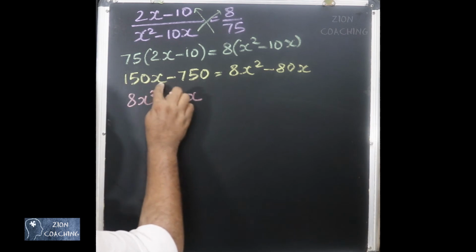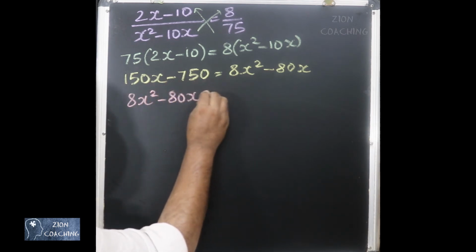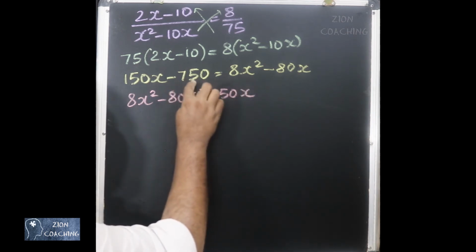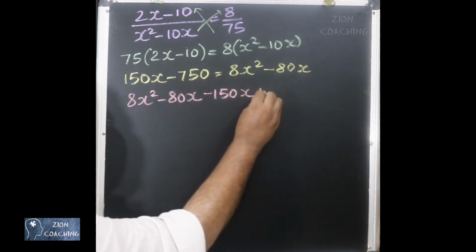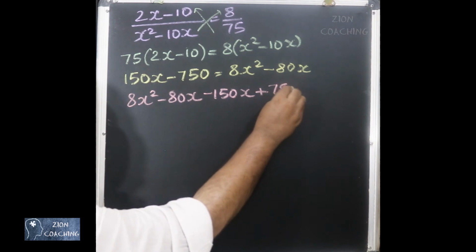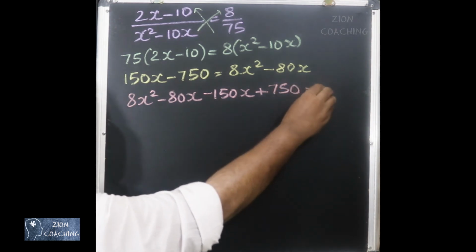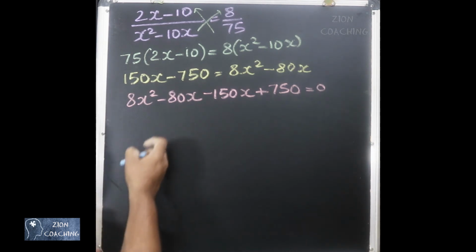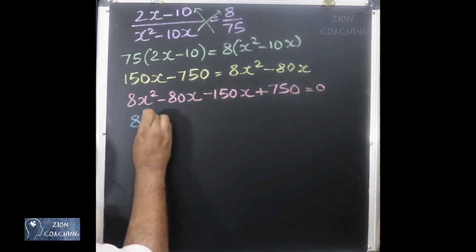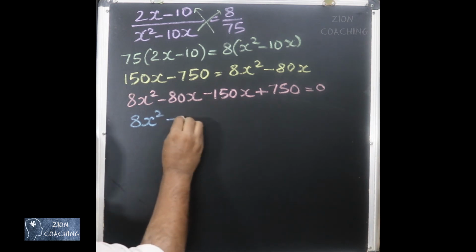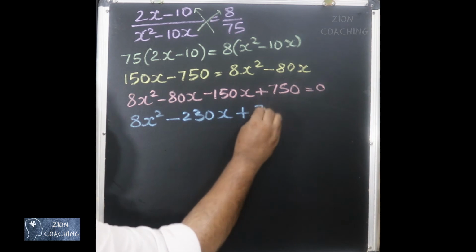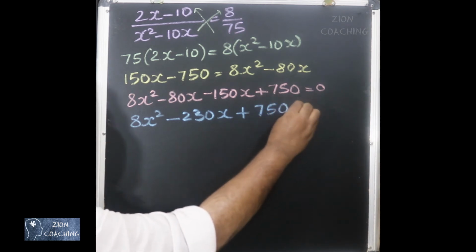Now taking 150x to the other side, we will have minus 150x. When you take minus 750 to the other side, it will become plus 750 equal to 0. Now this can be written as 8x squared minus 230x plus 750 equal to 0.